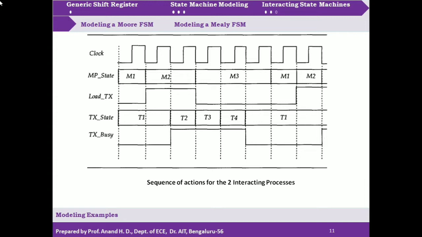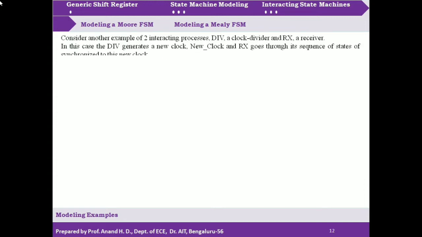Yes, so let us continue with one more example for interacting state machines. Here we are going to consider two interacting processes. One is DIV, a clock divider process, and one more is RX, a receiver process. The process DIV will generate a new clock signal, and the process RX is going to perform its state transitions with respect to the negative edge of the new clock signal generated by the clock divider.